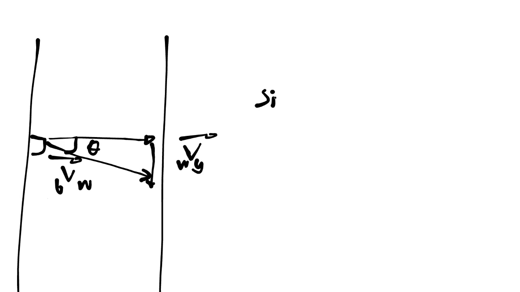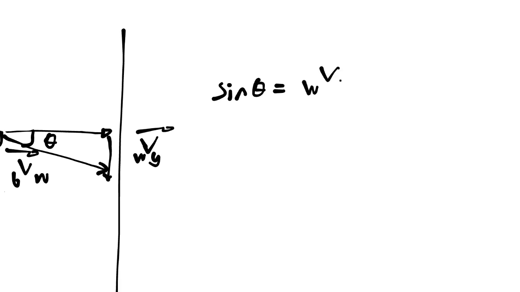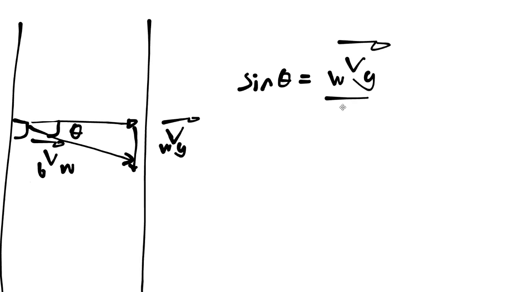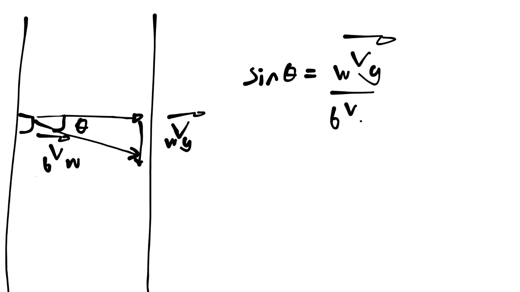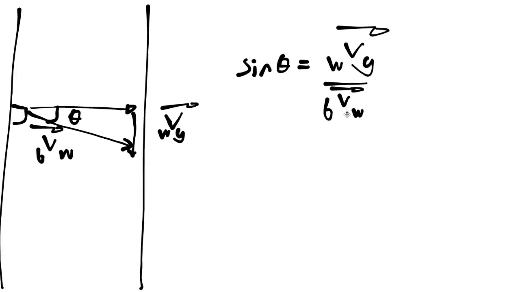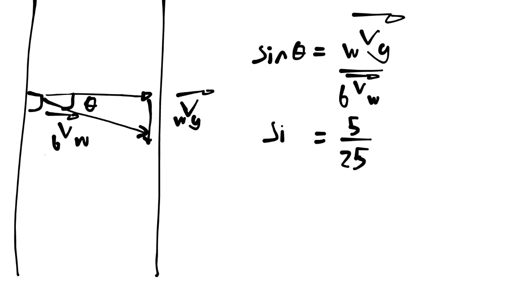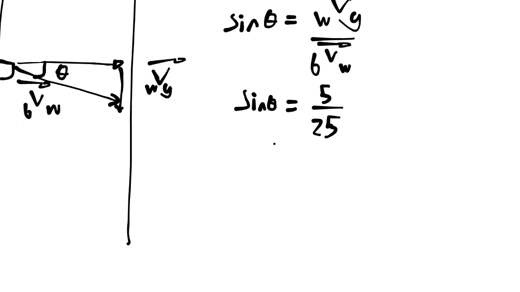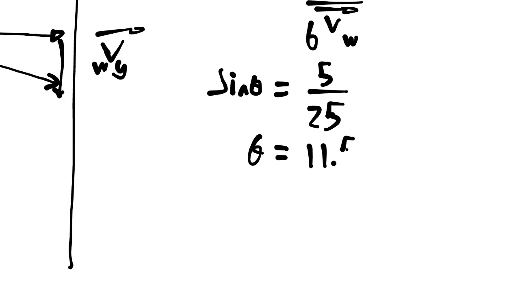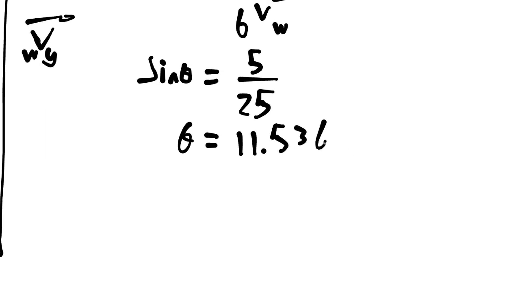So sine theta equals opposite over hypotenuse, so 5 over 25, and then theta should equal 11.5 degrees. I'll just leave all the decimals in because we're going to need this number later.